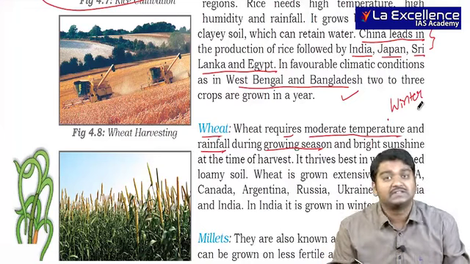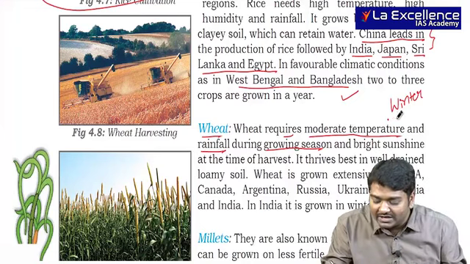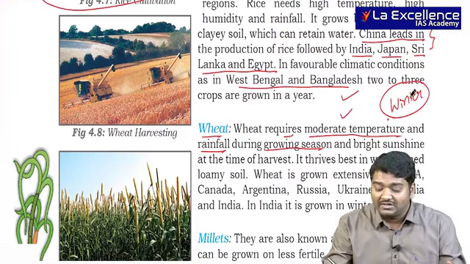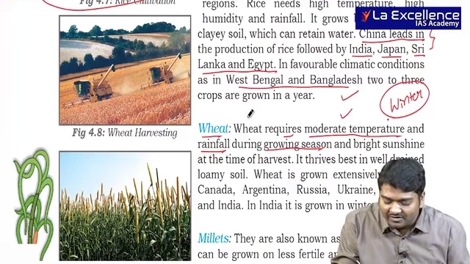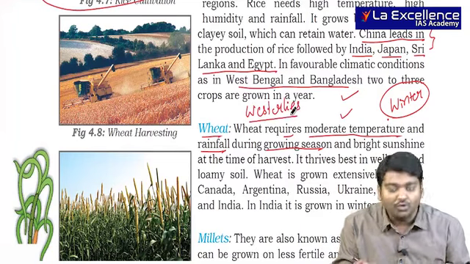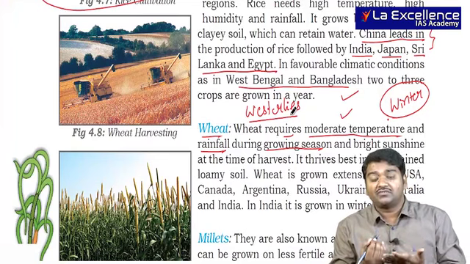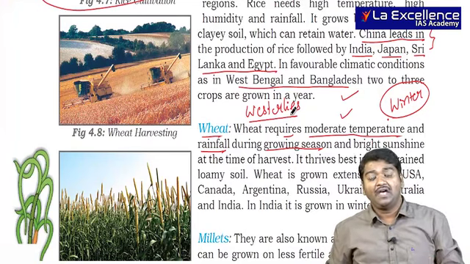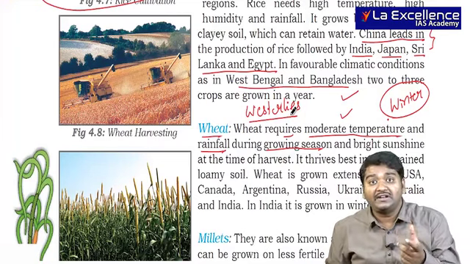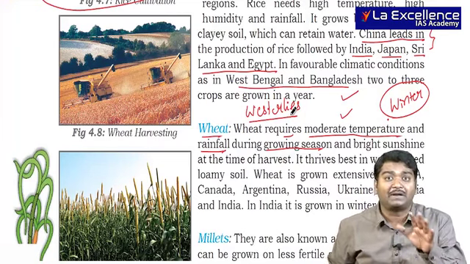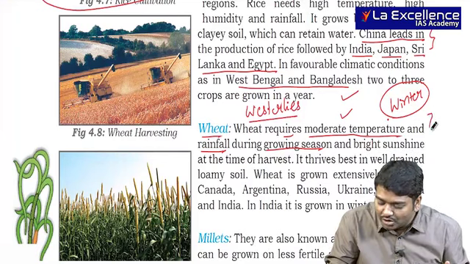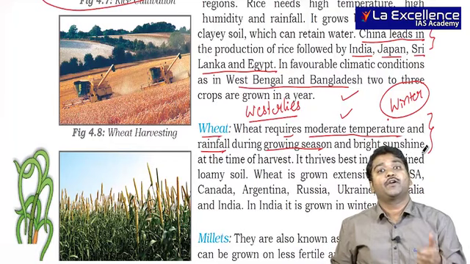The reason is that in winter, temperature is moderate, and they get rainfall from the westerlies, winds you don't know the term yet, which blow from the Mediterranean Sea, carry moisture and give rainfall in winter season in India, especially in Punjab, Haryana and Rajasthan. So this region is good for growing wheat.